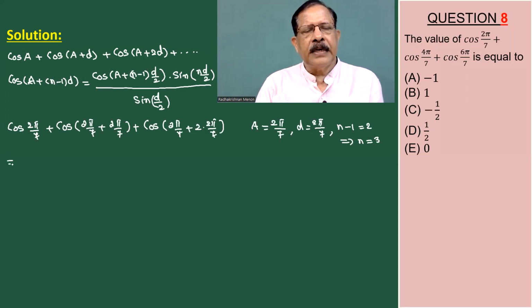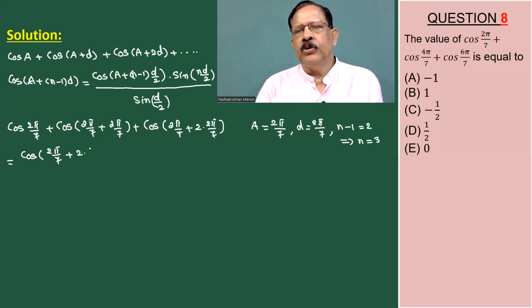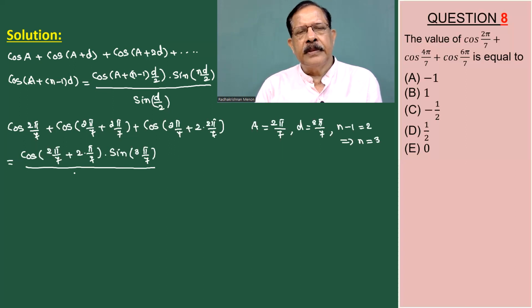Now the given expression will become, by using the formula, cos(A + 2π/7 + (n−1)·2·D/2) · sin(nD/2), where D/2 is π/7 and n is 3, the whole divided by sin(D/2), which is sin(π/7).